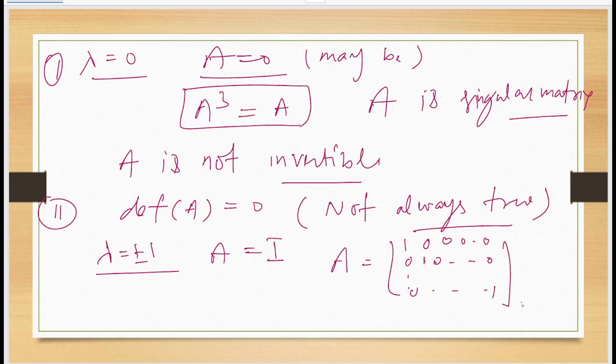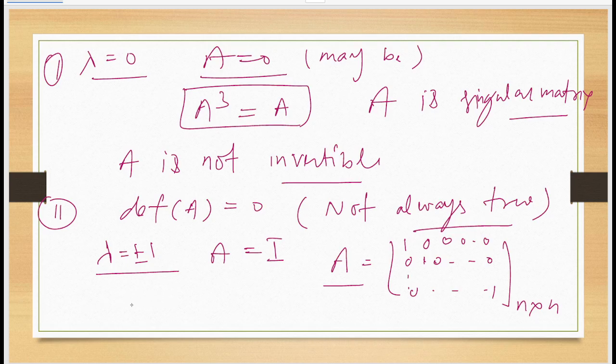If this is the n cross n matrix, the determinant will not be 0 here.